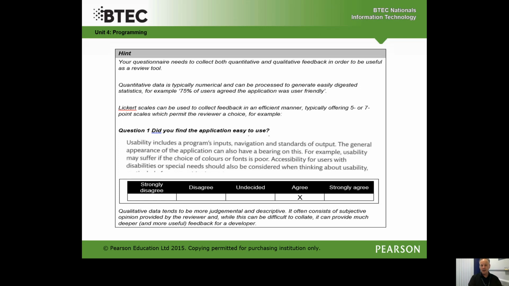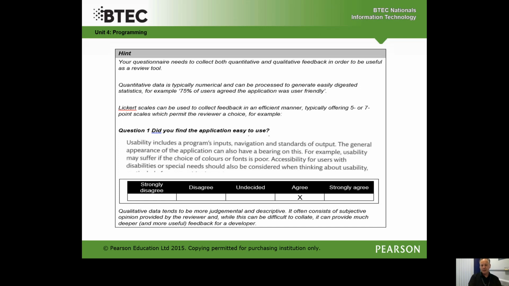So on a scale of 1 to 5, 1 to 10, how do you evaluate this, where 1 is poor and 10 is great, or 5 is great and 3 is half and half. So these are all quantitative measures, measures that you can give value to. Qualitative measures are measures where you give some written feedback or the user allows comments. So it gives you some detail to go with those numbers.